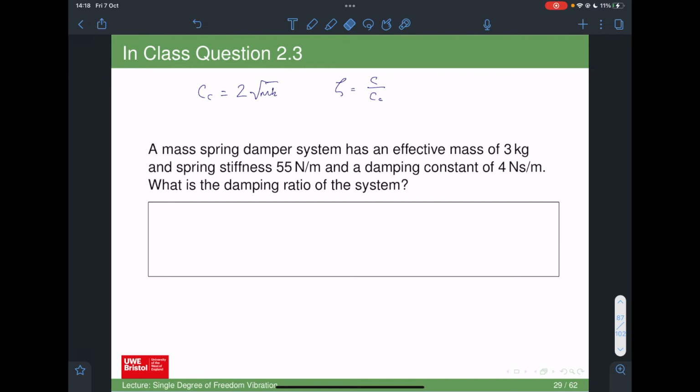Okay, so this should be straightforward to do. We know the damping ratio is c divided by c_c, where c_c is 2 root mk. So we've got 4 divided by 2 root km, so 55 times 3.